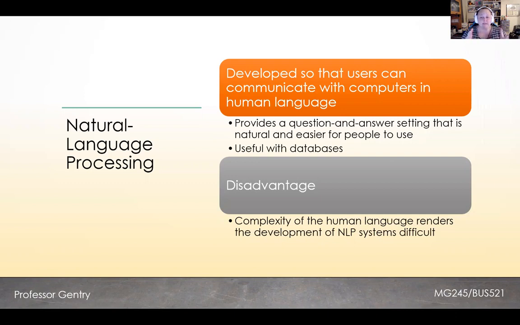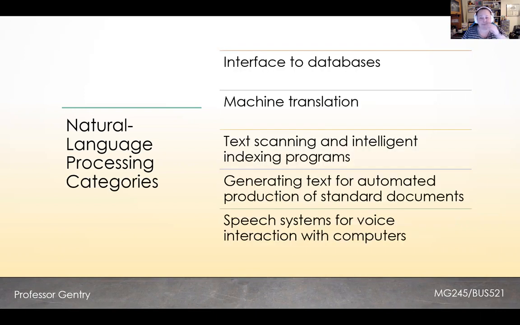The main disadvantage of natural language processing is actually the complexity of the human languages and being able to convert that into that natural language processing system. Some areas where natural language processing can be found are in database interfaces, machine translation, text scanning, text generation for automated documents, and speech systems for voice interaction with technology, things like your Siri and your Alexa.